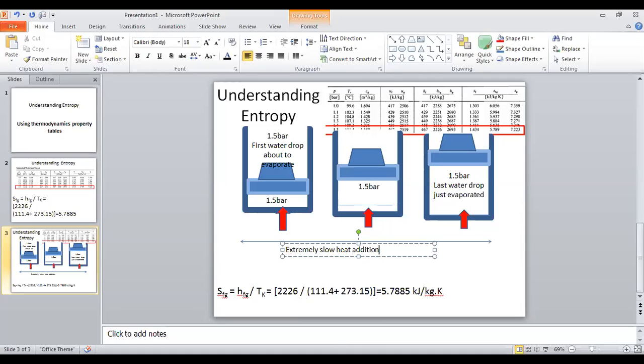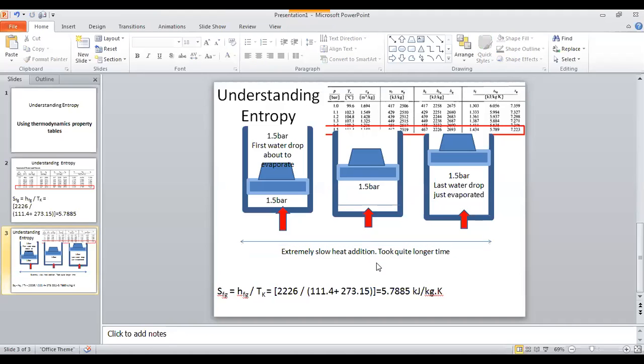You can manage this in a laboratory. These are lab scale experiments, so accuracy is there. So extremely slow heat addition.